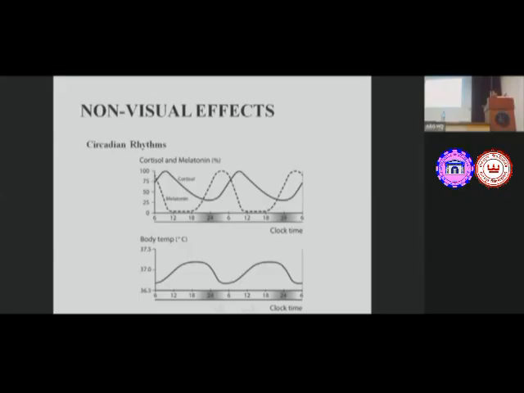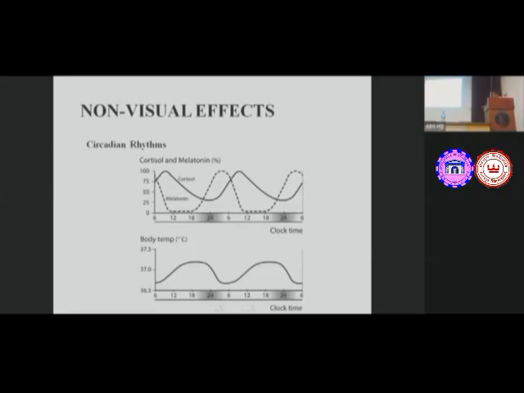Cortisol is also called the stress hormone or activity hormone. Because of cortisol we wake up in the morning; with a high level of cortisol we wake up, and with a low level of cortisol near night time we feel sleepy. Similarly, melatonin is called the sleep hormone. Because of melatonin we feel sleepy, and accordingly it follows.